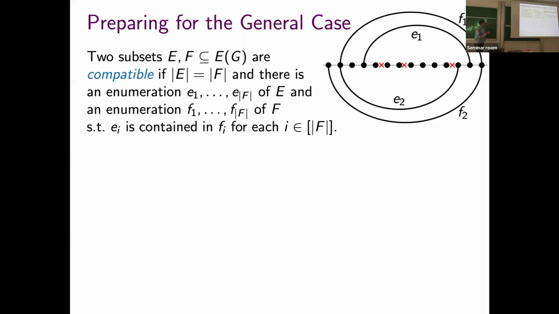So we say two such sets of edges are compatible if the E edges and the F edges have the same number. And we can enumerate them as I've done it here, such that the E edge is always contained in the corresponding F edge. Contained meaning as an interval. Yeah? The smaller interval is contained in the bigger interval. Okay.